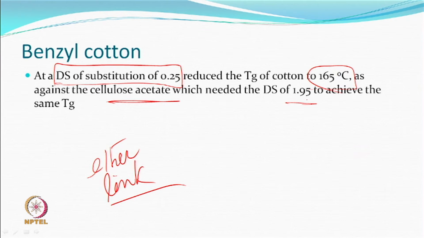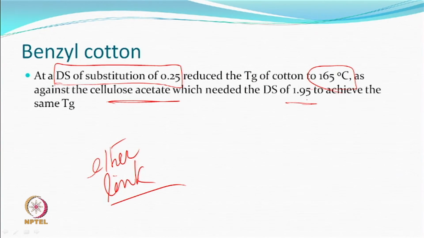Because benzyl means there is an aromatic ring which is also getting attached, and therefore, the distance between the molecules can be large, and so it became more effective, less change, but more effective. You go to 0.5, maybe the glass transition temperature will come down further, and so some of the changes could take place. That is what is there.